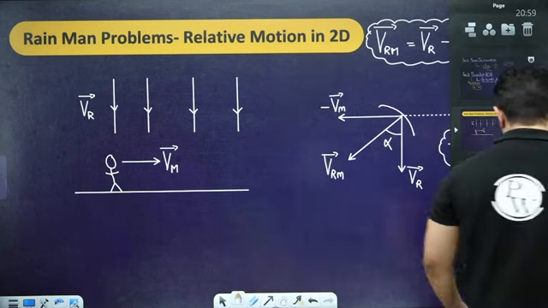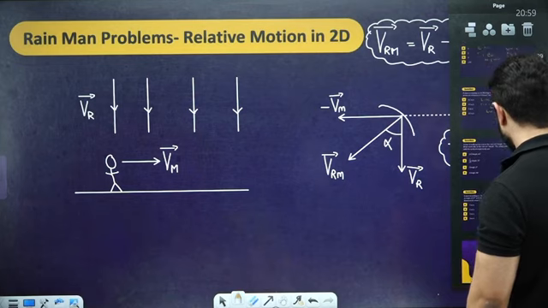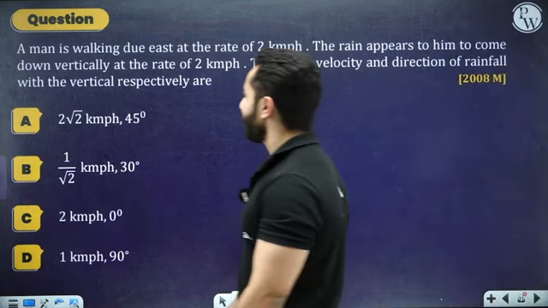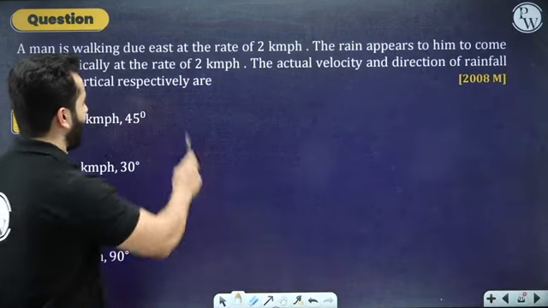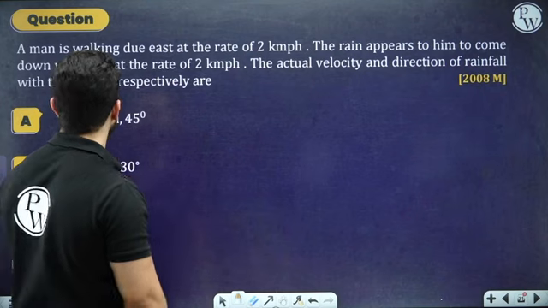All right. So we have got one question over here as well. Let's say this one. The question says a man is walking due east at the rate of 2 km/h. The rain appears to him to come vertically.